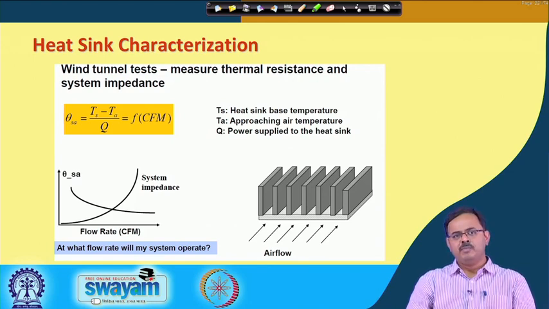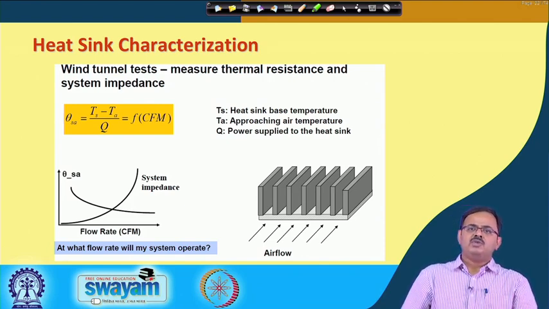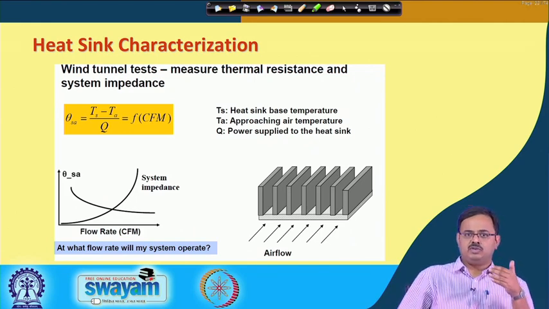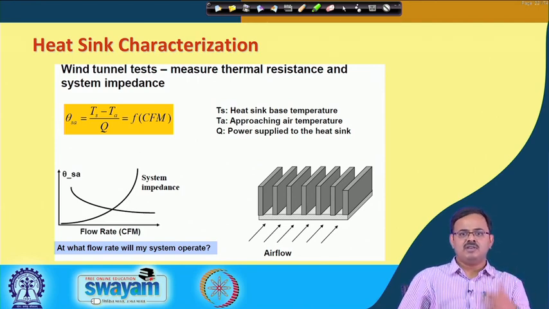More importantly, it is going to depend on the velocity of the air that flows through these passages between adjacent fins. Intuitively, if we have more air flowing through, or air flowing at a higher speed, then my cooling will be better, which means my thermal resistance from the sink to ambient is going to be lower.